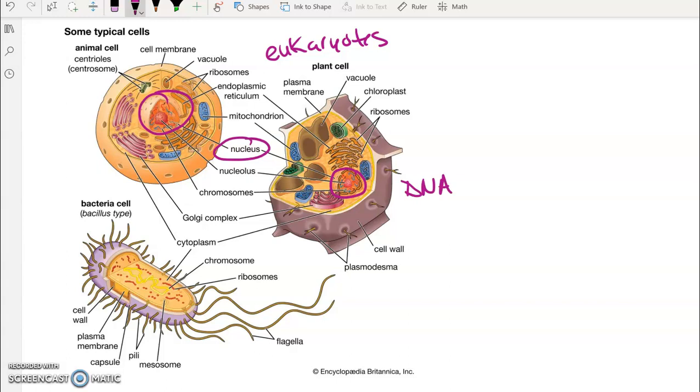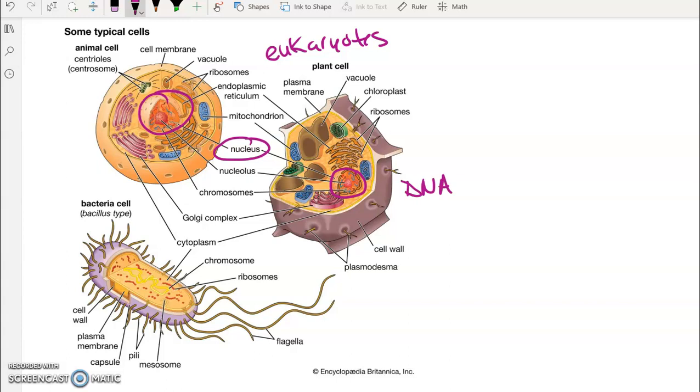DNA stands for deoxyribonucleic acid, and we will talk more about that later in the semester. But essentially, DNA is genetic material. It is stuff that can be passed on to offspring, and it's essentially the blueprints or the instructions that tells the cell what to do.